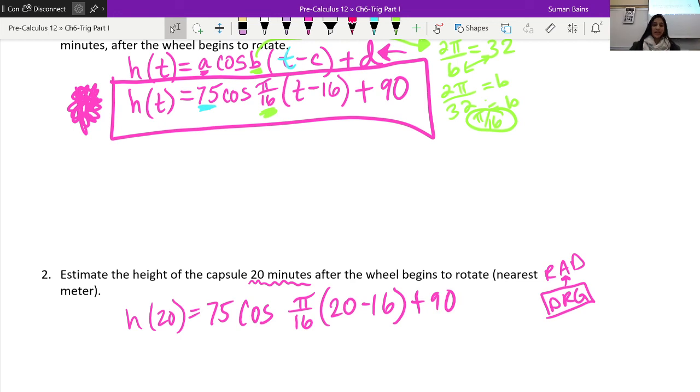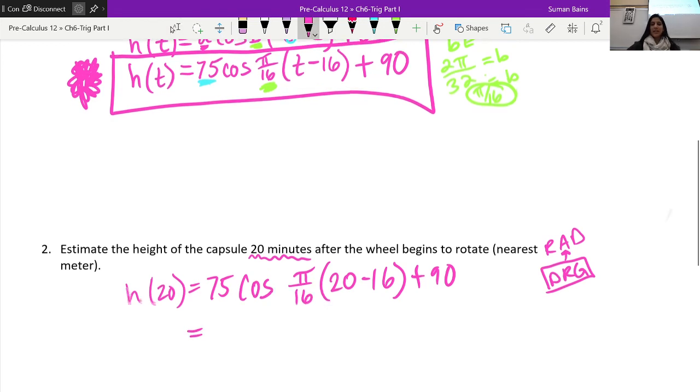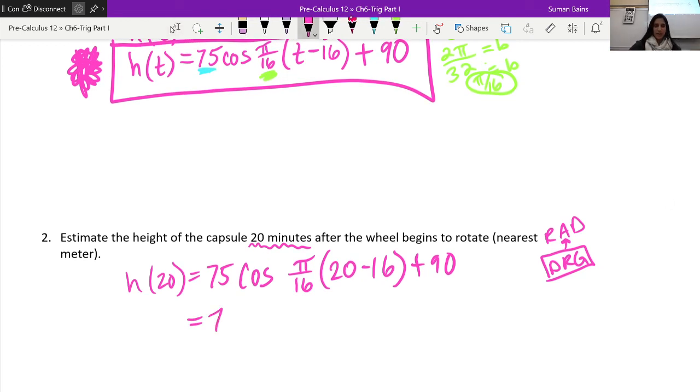When you're calculating this, you can probably punch this in as is, but if you want to simplify first, or if you want to just be certain, this can all be simplified to give us just pi over 4, then plus 90.